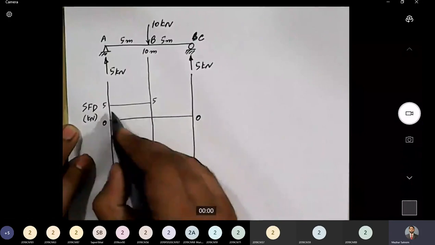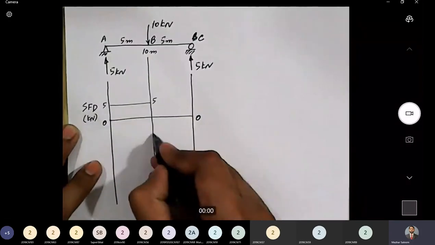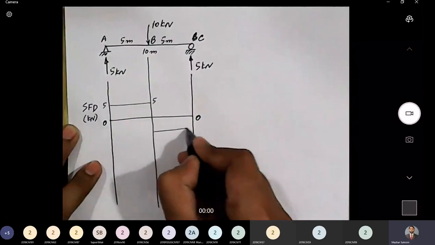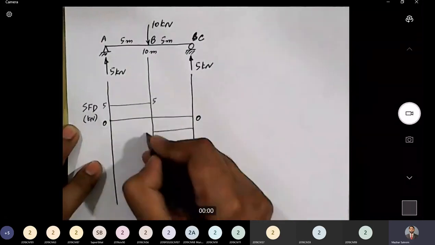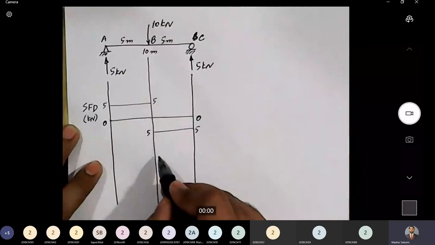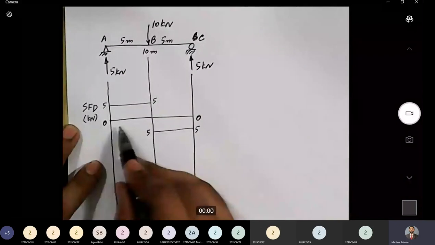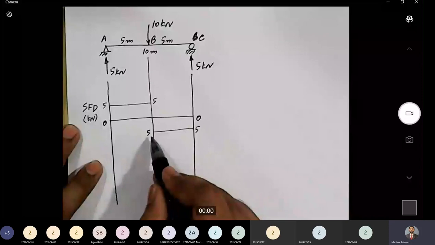For portion AB, the value of shear is 5, and for portion BC, the value of shear is minus 5. How did we incorporate this minus 5? We incorporated it by drawing this 5 below the 0 line, because V was negative for portion BC.